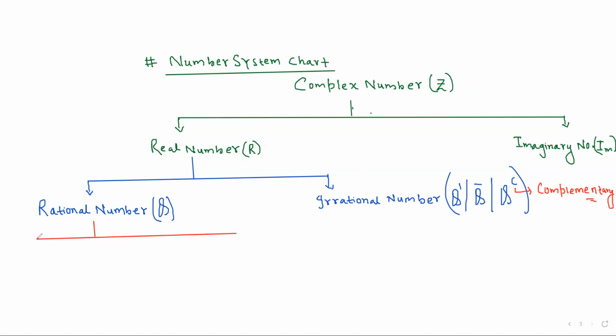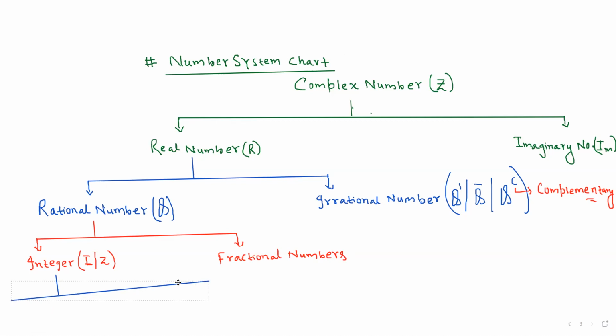Next, rational numbers have two types. First one is integers, represented by capital I or capital Z. Another one is fractional numbers. Integers have three parts.